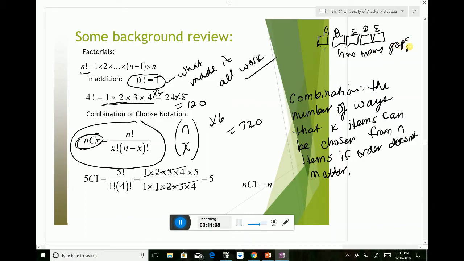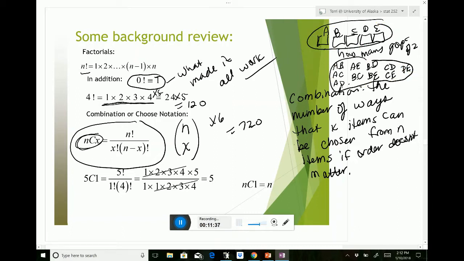I can have AB, AC, AD, AE, BC, BD, BE, CD, CE, and DE. 1, 2, 3, 4, 5, 6, 7, 8, 9, 10. I can have 10 groups of 2 out of a set of 5. That means that 5 choose 2 equals 10.